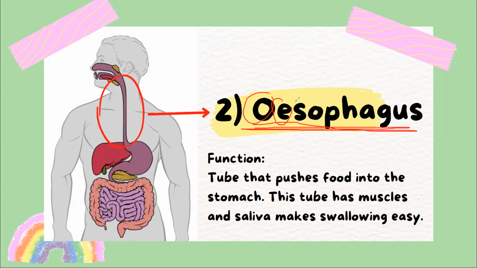Anyone? Esophagus. Okay, it's actually a silent O. So you say it with the E as the start, but actually it is spelled with the O at the start. The esophagus is a tube that pushes food into the stomach.